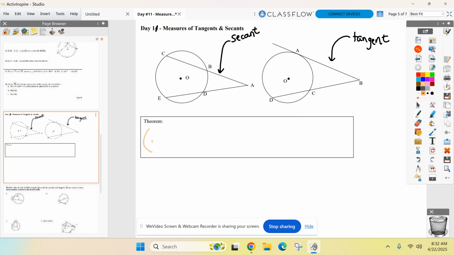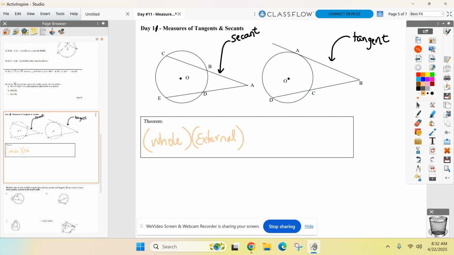And here's the saying. You take the whole thing, however long the whole thing is, the secant or the tangent, and you multiply that by, ready? Its external part. So the part on the outside. Whole times external.